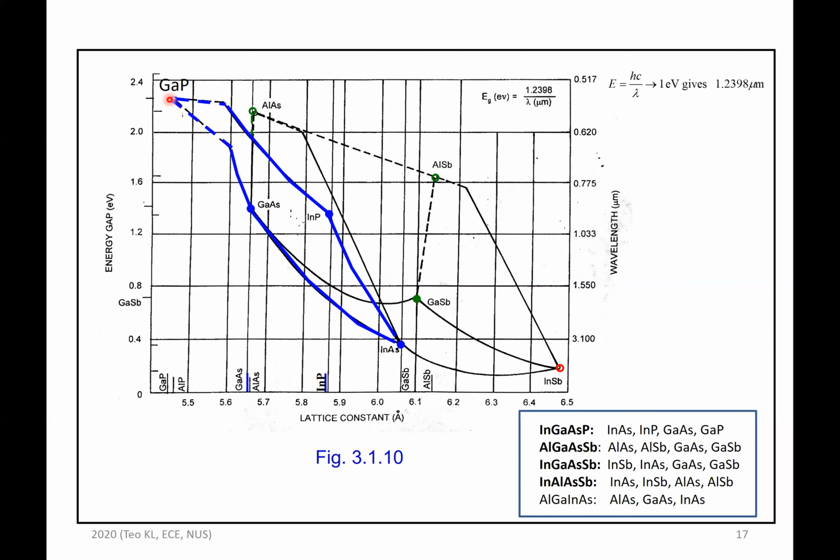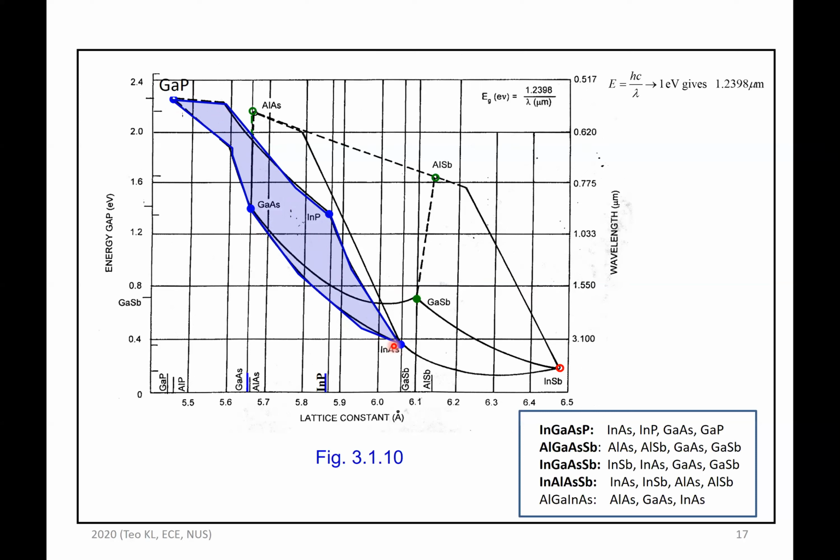So the indium gallium arsenide phosphide quaternary alloy will be in this shaded region. If you just look at the boundary lines, these are only ternary alloys. For example, if you draw the line between the gallium arsenide and indium arsenide points, they are indium gallium arsenide ternary alloy.